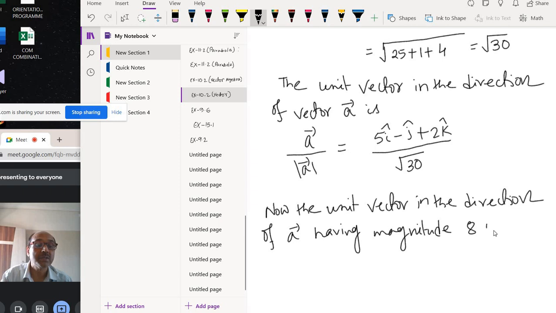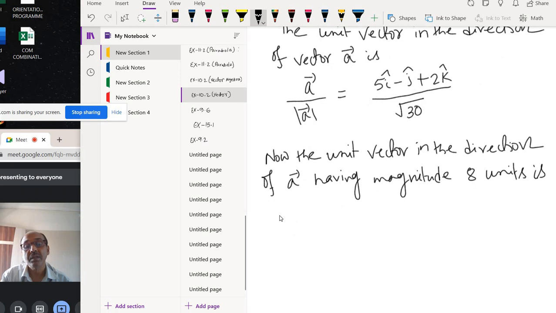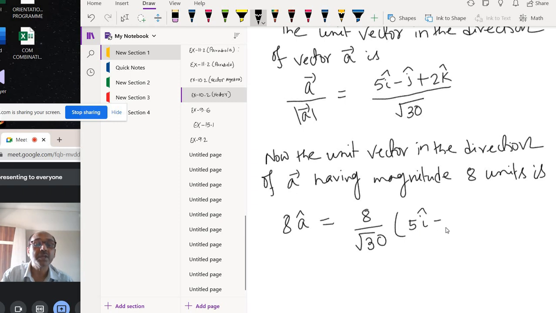It is given 8 units, so it is 8 into unit vector of A, equal to 8 by root 30 into vector A, which is 5i minus j plus 2k.